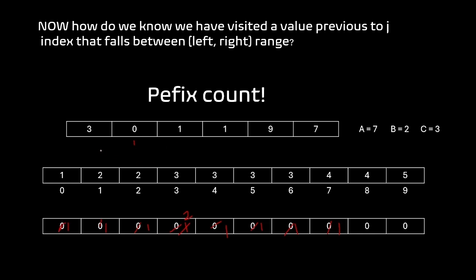And I have to do this while I'm running the algorithm, because I don't want to encounter numbers which come later. For example, 3 and 0. 0 comes after 3.